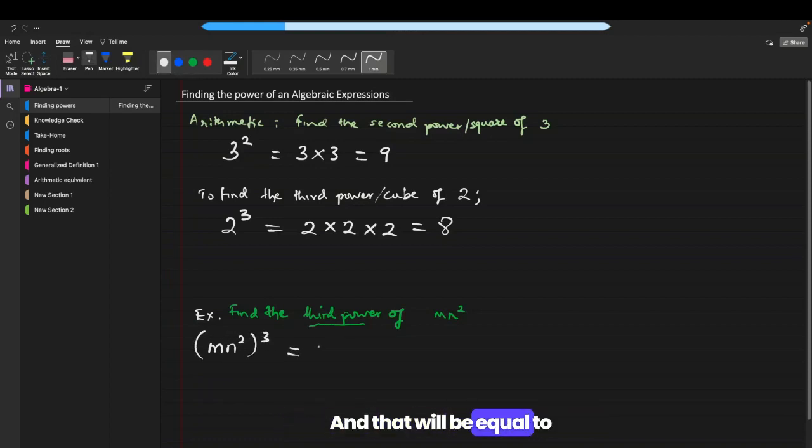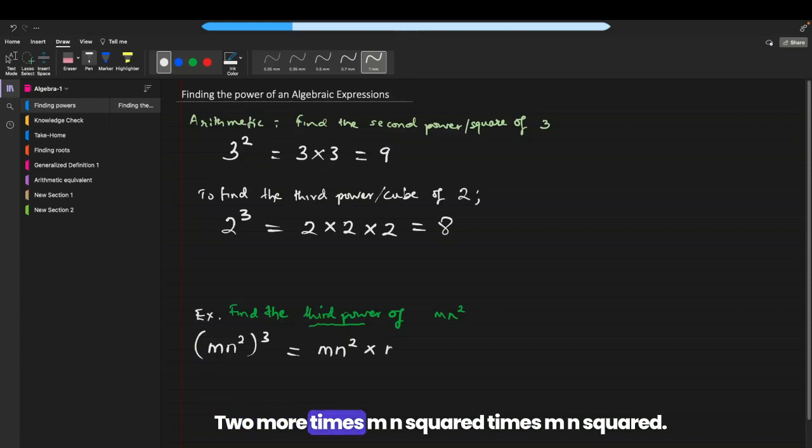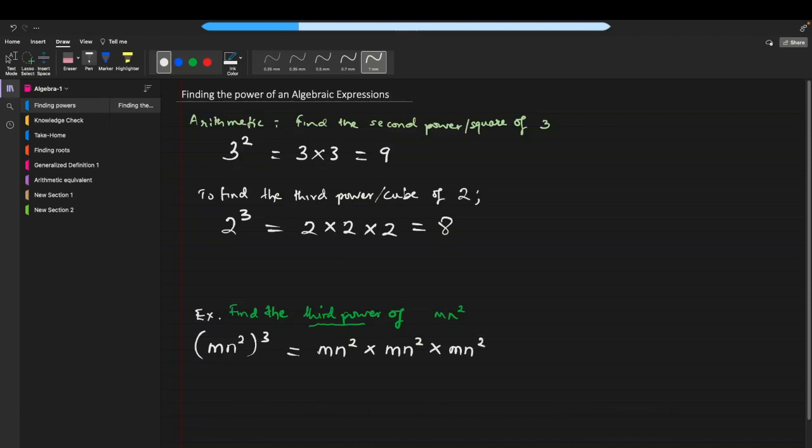And that will be equal to mn squared multiplied by itself 2 more times: mn squared times mn squared times mn squared. So by heart, I know this is m cubed n raised to power 6.